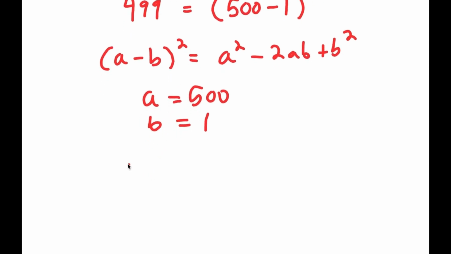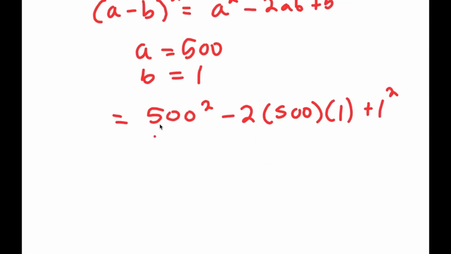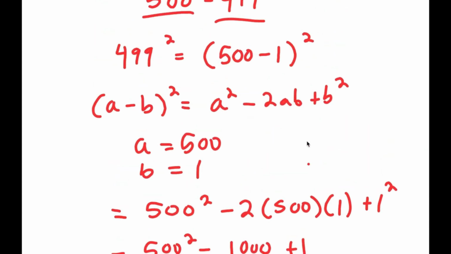So this is going to turn into 500 squared minus 2 times 500 times 1 plus 1 squared. And this simplifies to 500 squared minus 1000 plus 1.